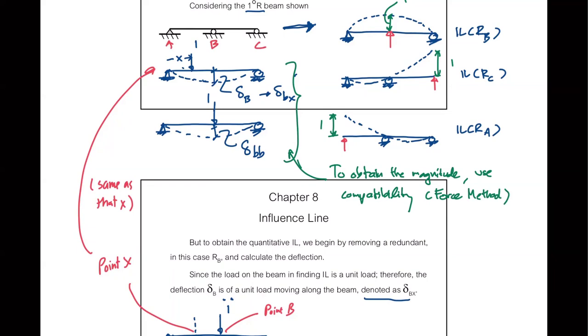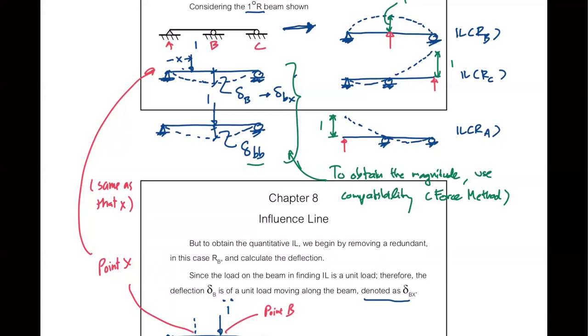So you see, delta BB is caused by the unit load, so it's delta BB multiplied by the magnitude of RB, plus delta BX. This is the displacement where the unit load is, and this is the displacement caused by the reaction. This must be equal to 0.